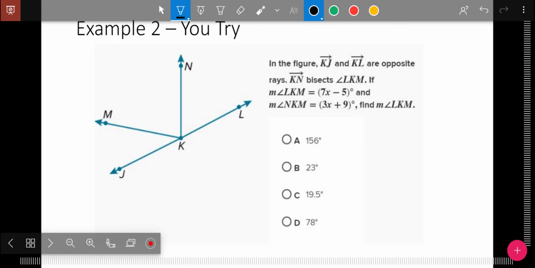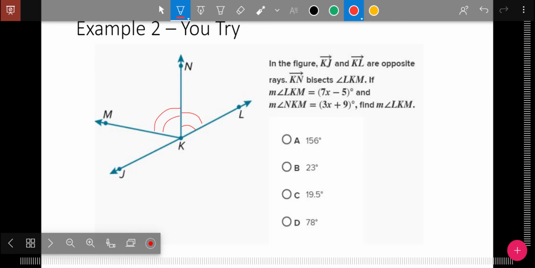This one's a kind of a strange example, right? Again, it says bisect. What does bisect mean? All right, so KN bisects angle LKM, so it splits it into two equal parts. So this part here and this part here are equal.